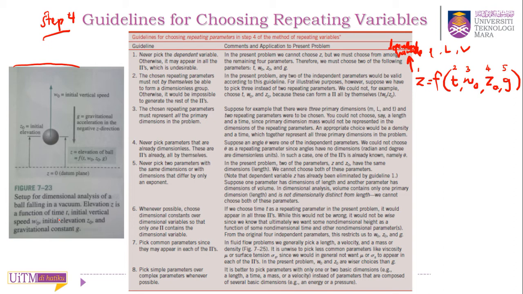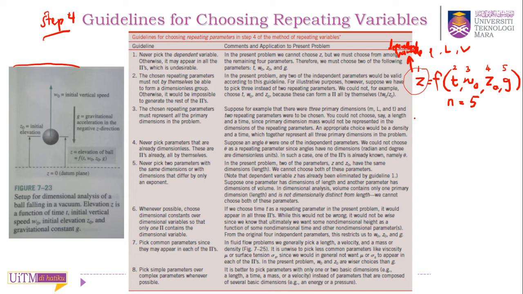So it depends on the other parameters: t, w naught, z naught, and g. You have 5 parameters including the dependent variable, so your n is 5.